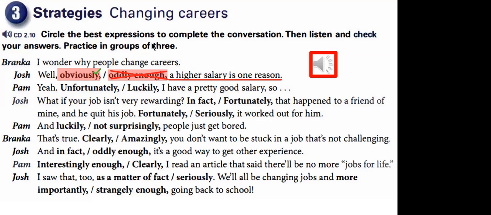That's true. Clearly, you don't want to be stuck in a job that's not challenging. And oddly enough, it's a good way to get another experience. I am a little confused in that one. Maybe it's "in fact," but I'm not sure.